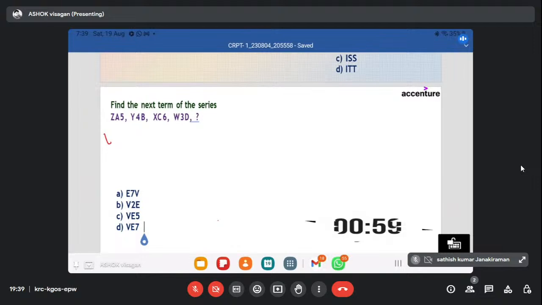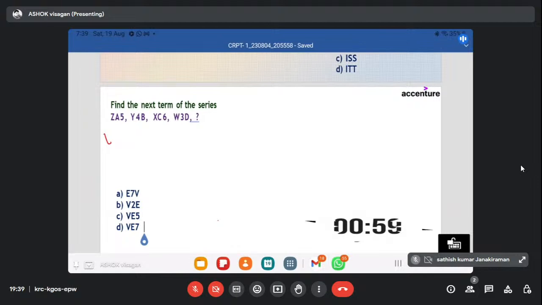I am trying to connect what is the logic between the numbers. 5, 4, 6, 3. What is the logic? Why they gave ZA5, and why it is Y4B. And the third one is XC6 and the last one is W3D.